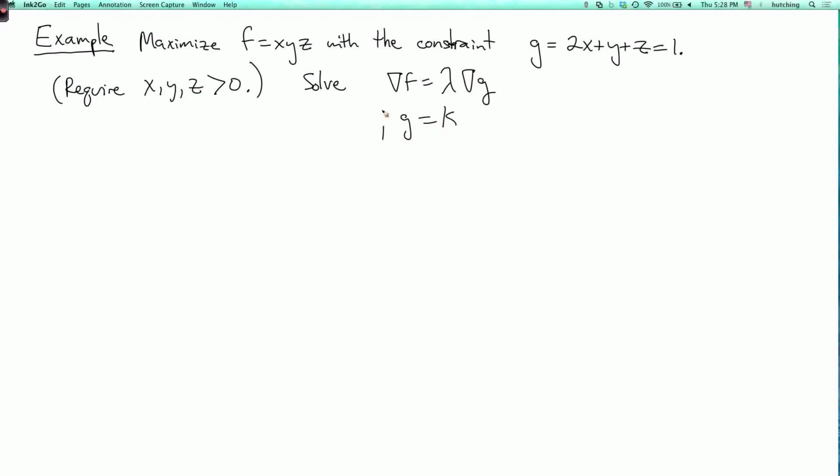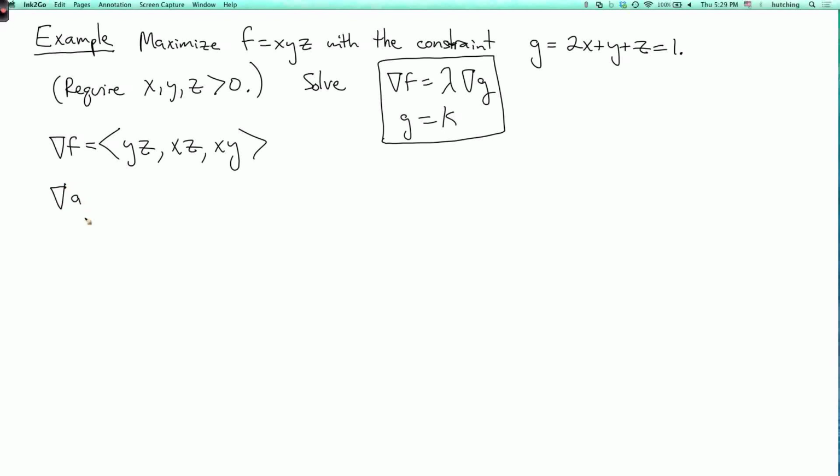So let's work out what these equations mean. So the gradient of f is the vector, well, partial with respect to x is yz, partial with respect to y is xz, partial with respect to z is xy. And the gradient of g is 2, 1, 1.